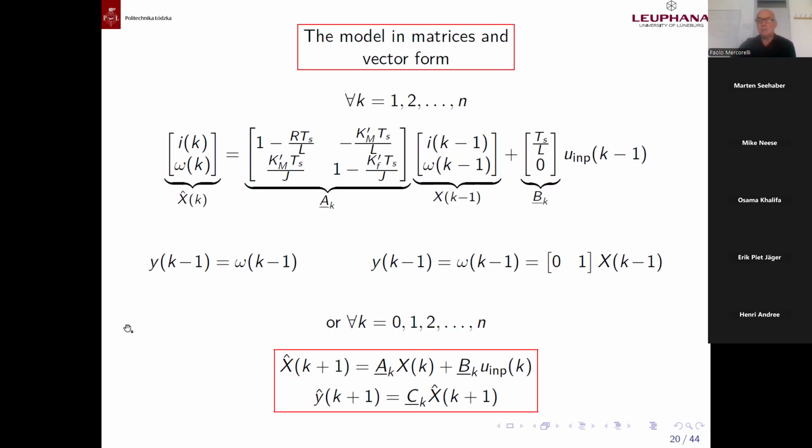As I told you before, this representation here is in the form of k starting from 1 until n. Very often we use the representation starting from 0, and for this we have to translate by plus 1.